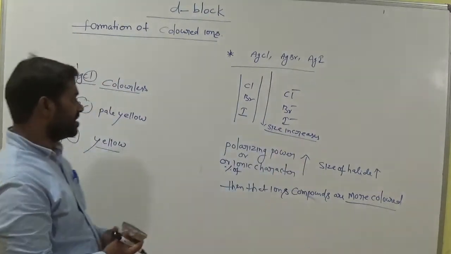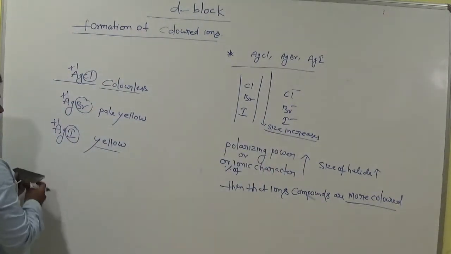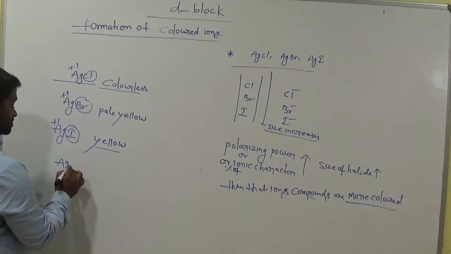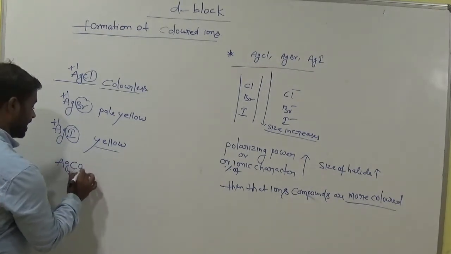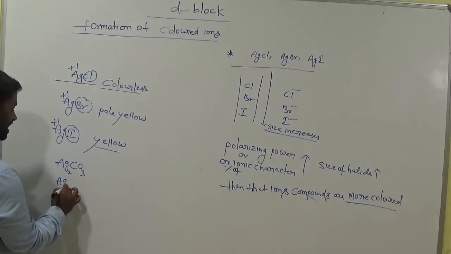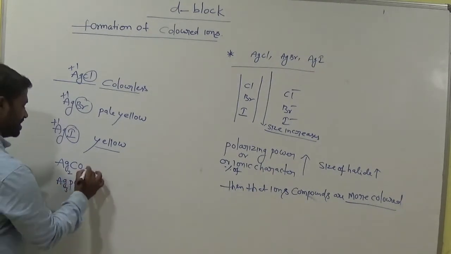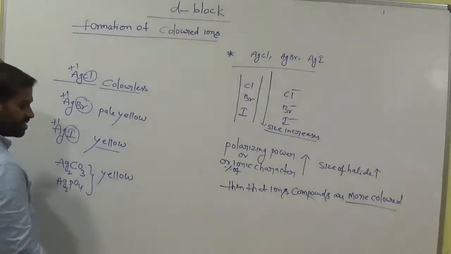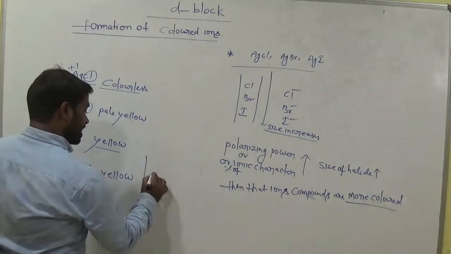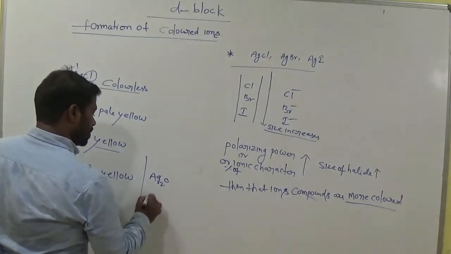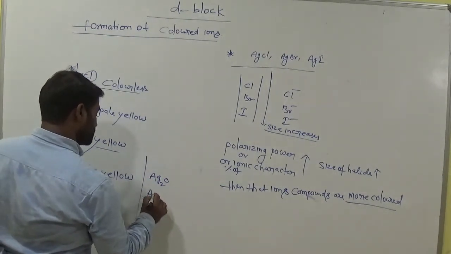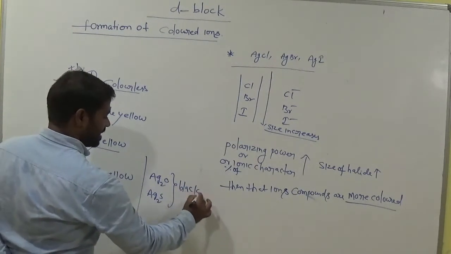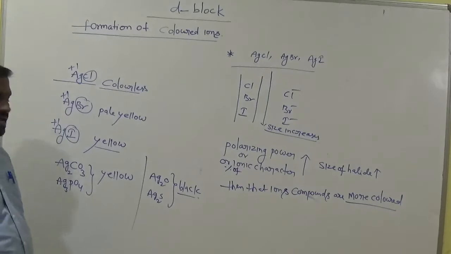Clear? And note it down: Ag2CO3 and Ag3PO4, these two silver compounds are yellow in color. Specially note. And Ag2O and Ag2S are black in color. Keep it in our mind.